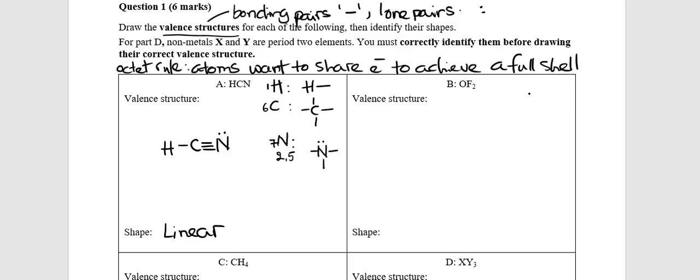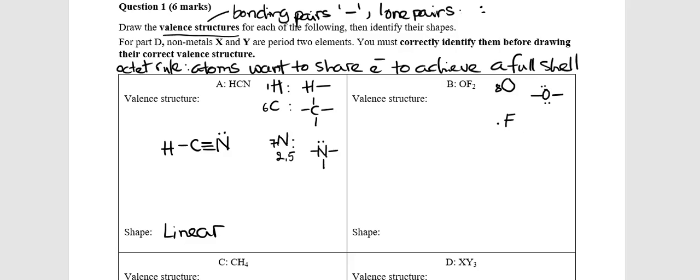Moving on to part B, I'm going to do the same thing. I'm going to start by thinking about how many covalent bonds oxygen and fluorine will want to form. So oxygen has 8 electrons, which means that it has 6 electrons in the outer shell, so it's going to want to form 2 bonds to get a full shell, and it will also have 2 lone pairs of electrons.